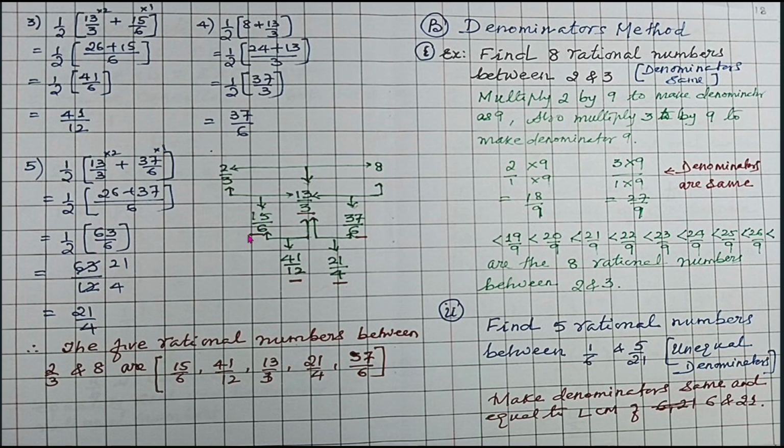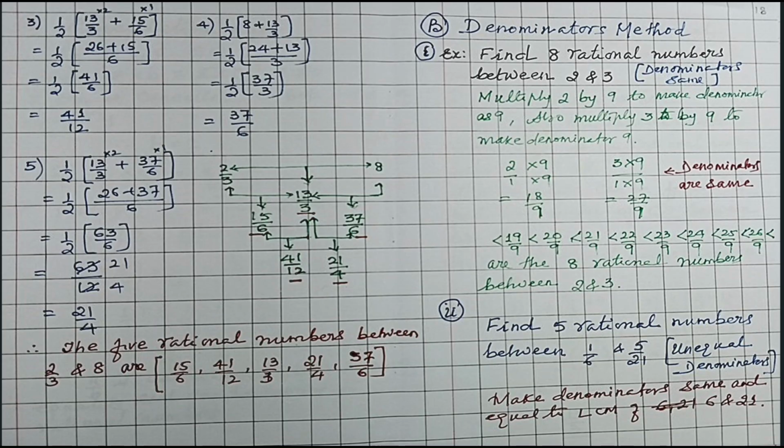So in all we have 1, 2, 3, 4 and 5 rational numbers between 2 by 3 and 8. It is a very easy method, although a lengthy one. Therefore, the 5 required rational numbers are 15 by 6, 41 by 12, 13 by 3, 21 by 4 and 37 by 6. So that is the first method of finding rational numbers between two given rational numbers.